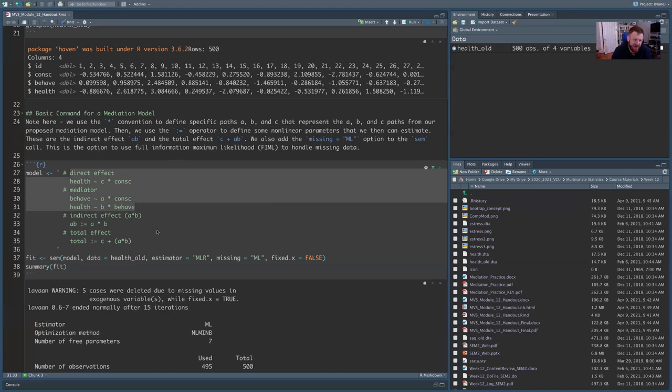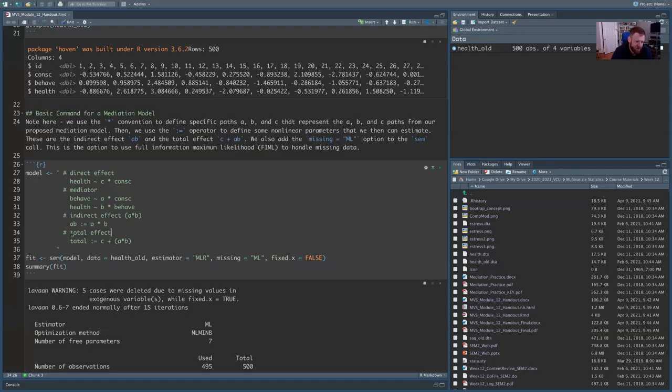That is something that is not related to a specific parameter, but is actually a product or a sum of parameters that have already been defined. And so the indirect effect, as we've studied in the lecture portion of this week, is the product of the A path and the B path. And so we define that here. AB is defined as the product of A times B.